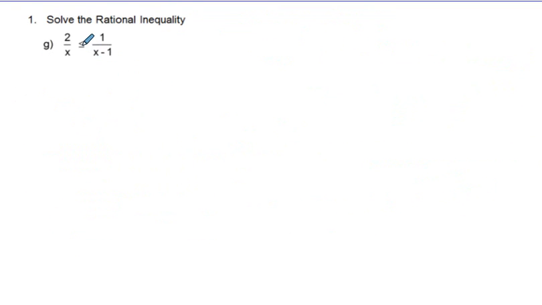Now we have 2 over x is less than or equal to 1 over x minus 1. And so the first thing we'll do is set our right side equal to 0 and just rewrite this as 2 over x minus 1 over x minus 1, and that is going to be less than or equal to 0. And so our common denominator for these fractions is going to be x times quantity x minus 1.